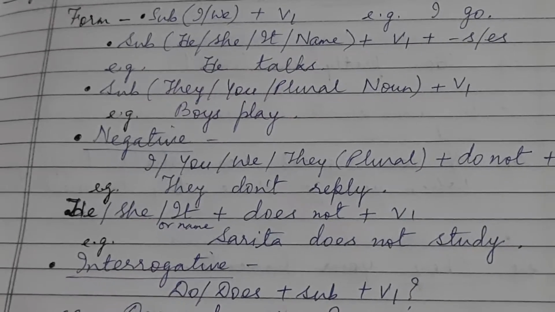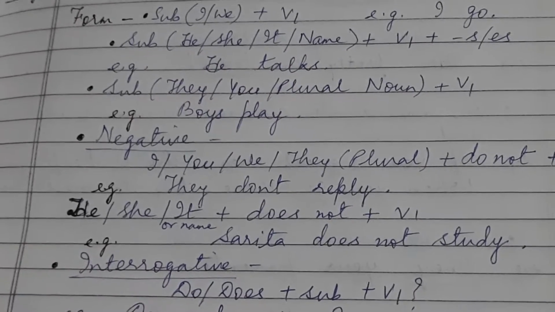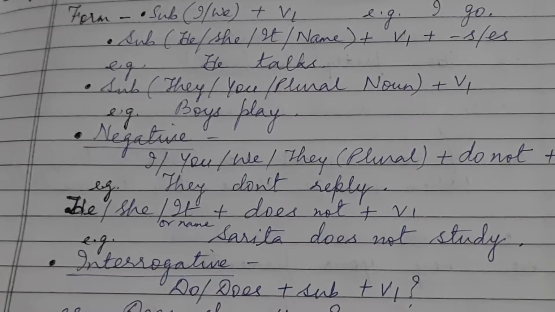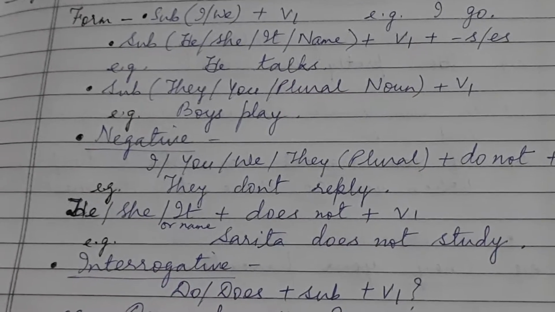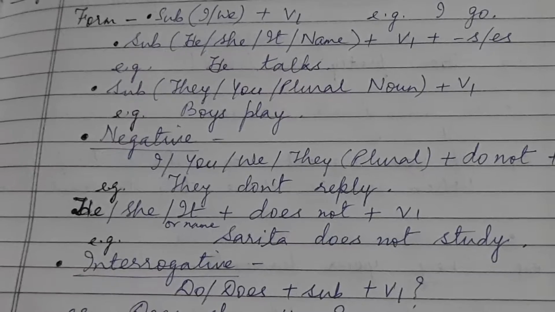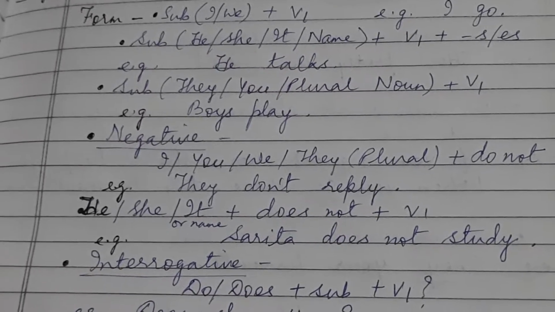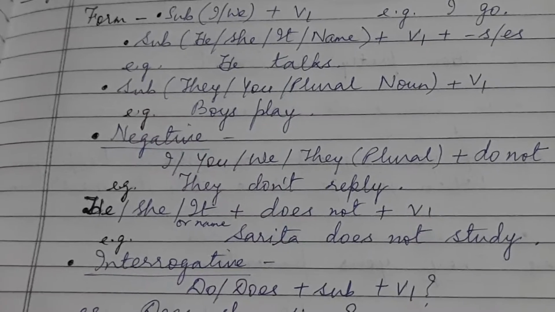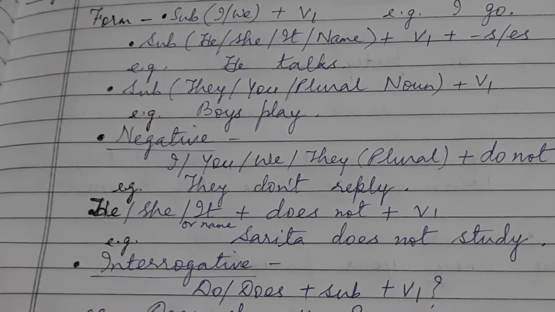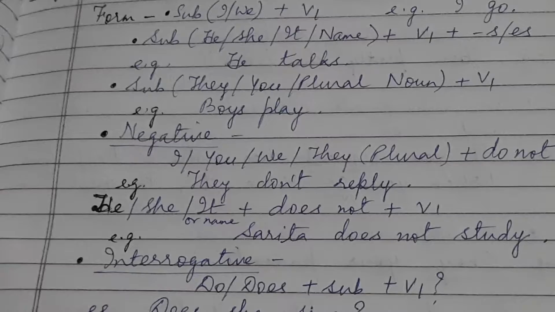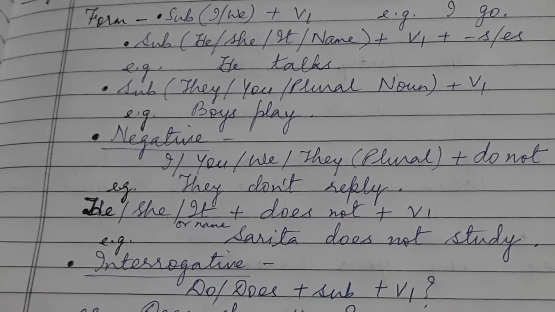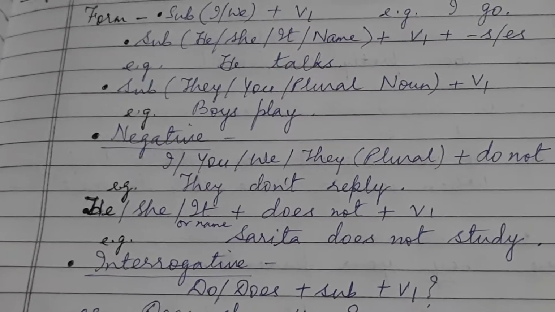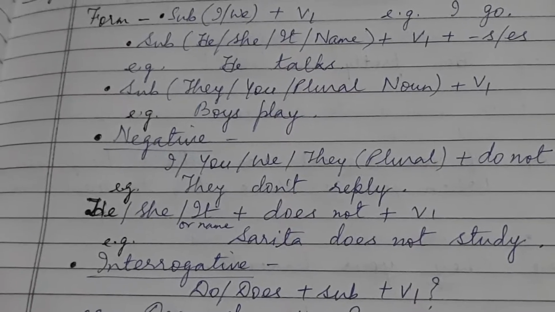So, if we have subjects like third person pronouns, either masculine or feminine, or it or anybody's name, then we use the first form of the verb, and in that first form we change the spelling a little bit and we add s or es, right?